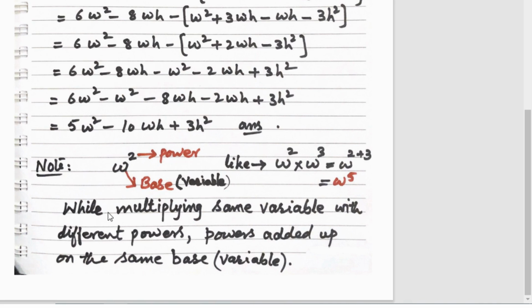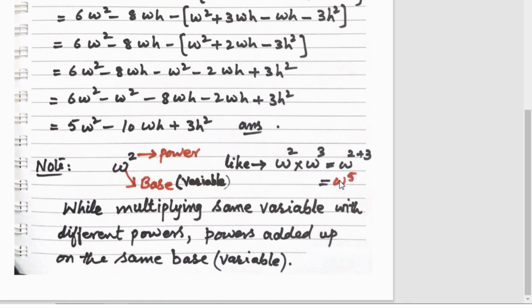While multiplying same variables with different powers, look at this, like this, like this, powers are added up on the same base. Then the base will be written once, and all the powers of the same base will be added up on the base.